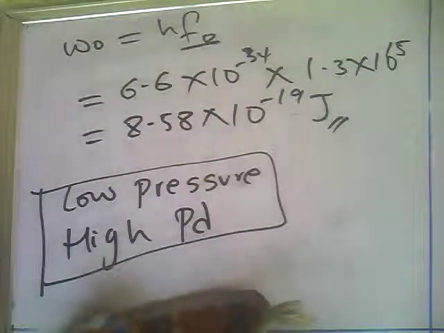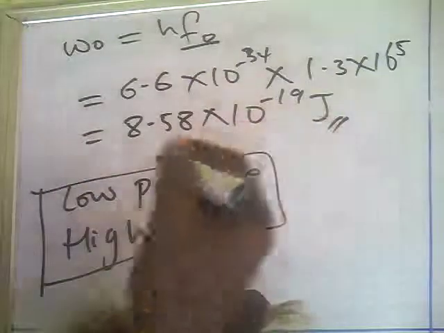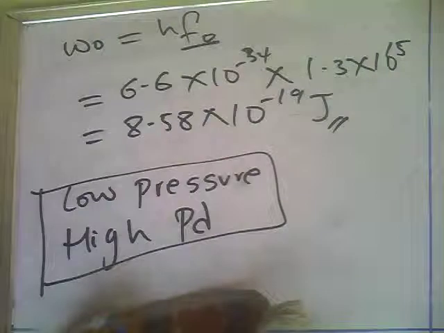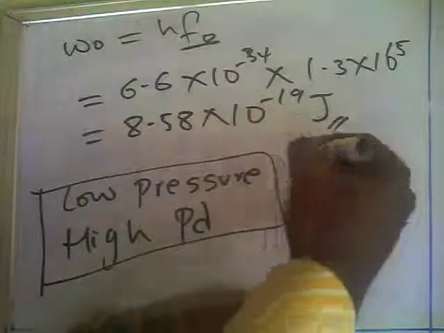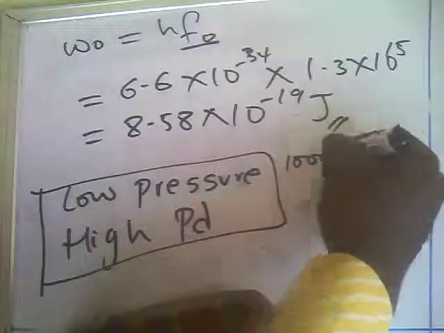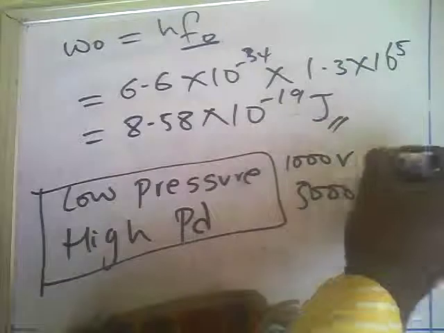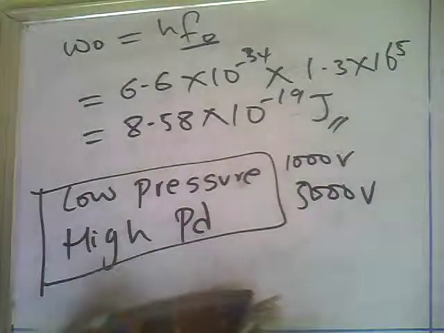At normal pressure, that's atmospheric pressure, gases do not conduct electricity. So the pressure has to be reduced appreciably, then the voltage ranges from 1000 volts to 5000 volts before they can conduct electricity.